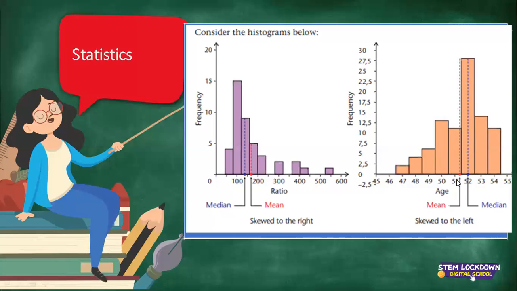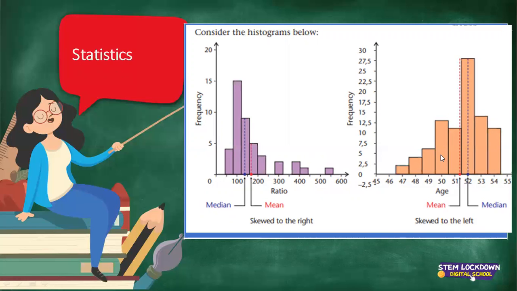So the mean is now less than the median. We are saying this data is not symmetrical, but negatively skewed. It is skewed to the left.